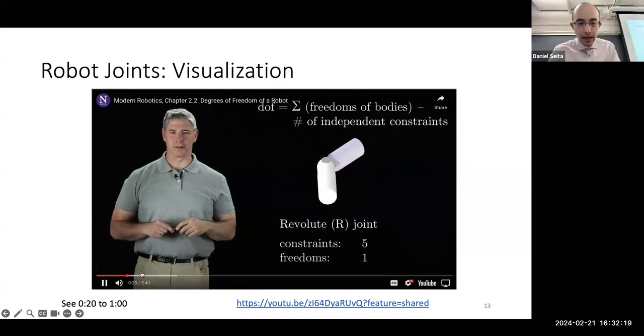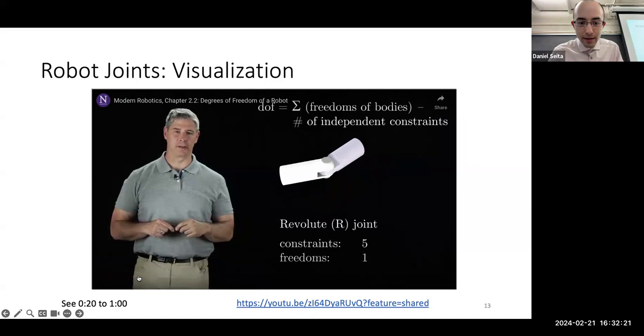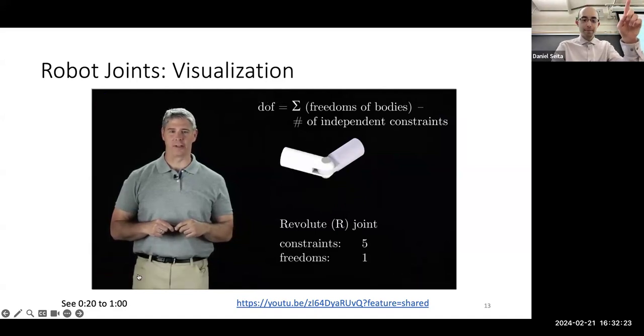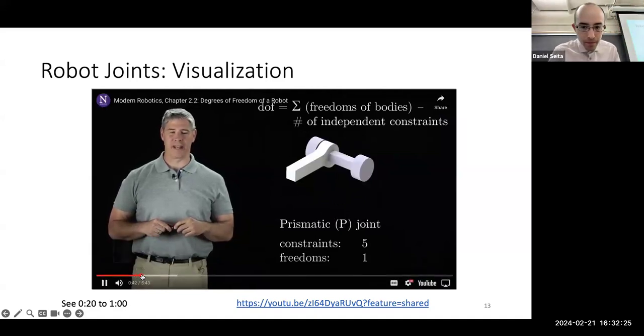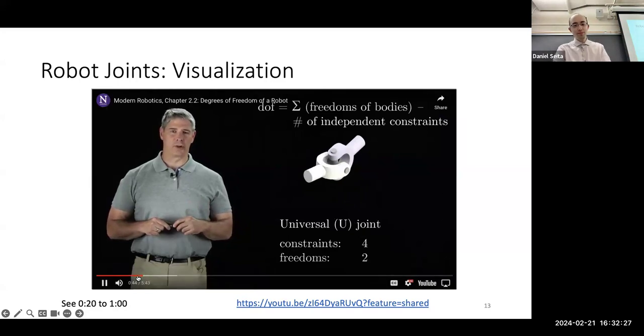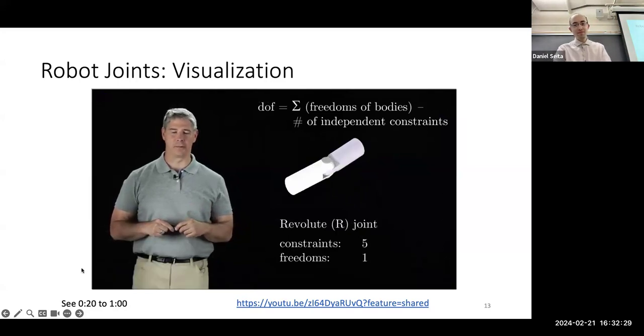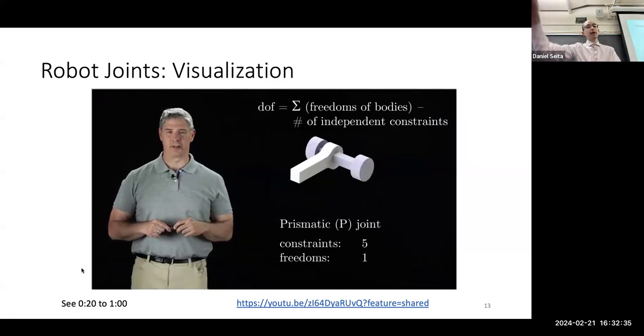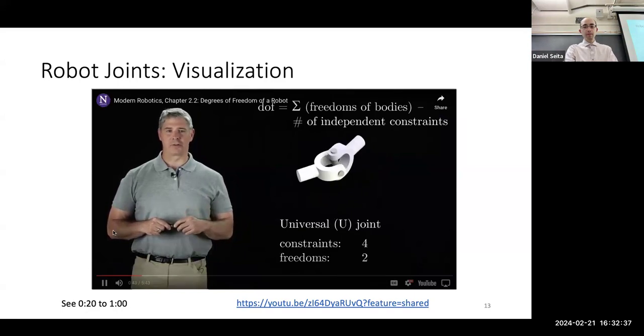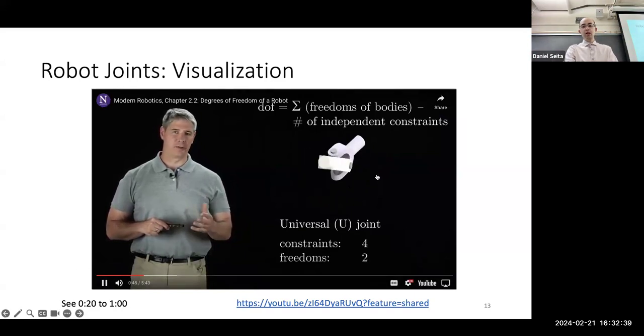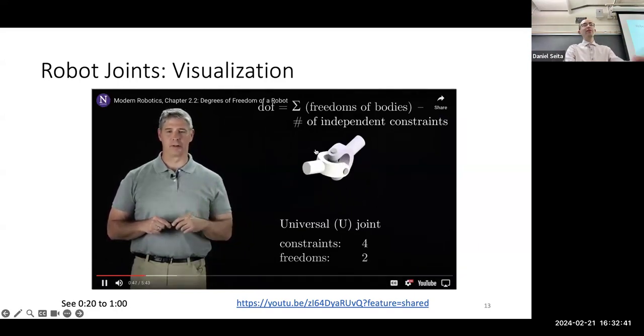Up next is the helical joint or prismatic joint, sorry. Oh yeah, oops, sorry. So this is the prismatic joint which slides across something. This is another universal joint. That's another one that was in our table.